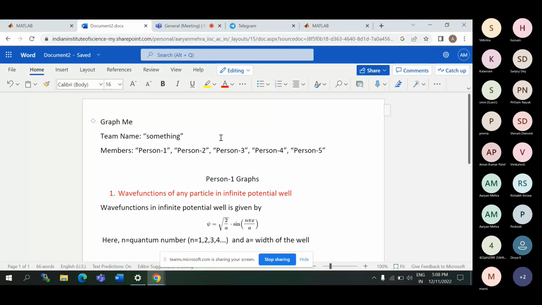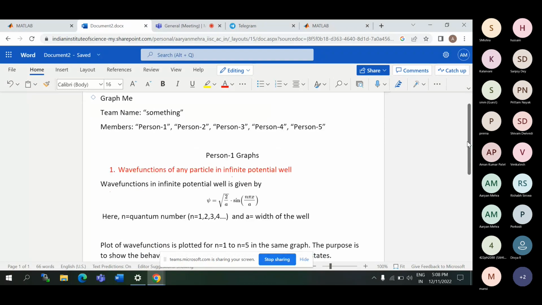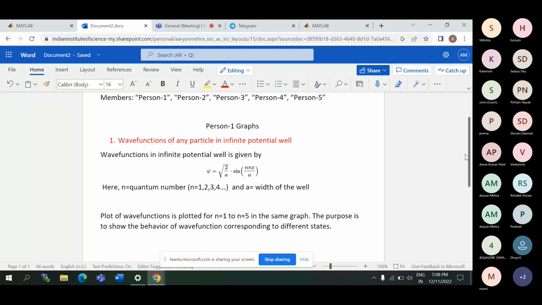On the top you will write graph me, then your team name, then the names of your members, and then you will start with person one graphs. This person wants to plot a graph of wave functions of a particle in an infinite potential well. You know the infinite potential well, and this person wants to plot this equation in MATLAB.